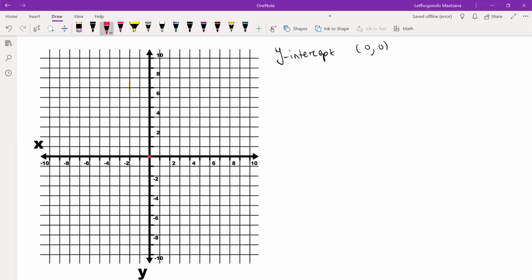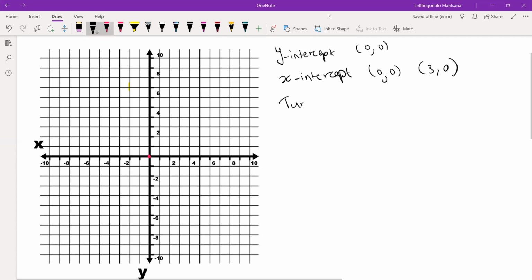Then we go to our x-intercepts, which should be at (0, 0) and also (3, 0). Then we go to our turning points, so let's mark those in. We already have that marker there, and then we'll have this marker over here.